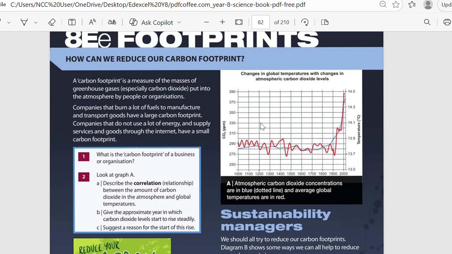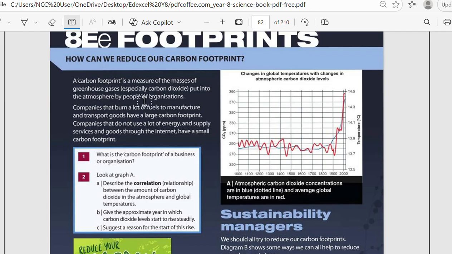Right, now let's see this one. Question 1. What is the carbon footprint of a business or organization? Right, any answer?